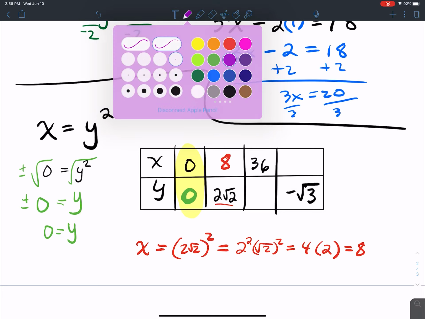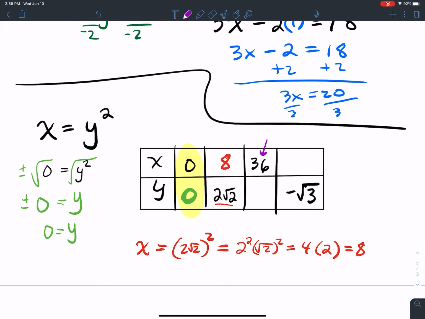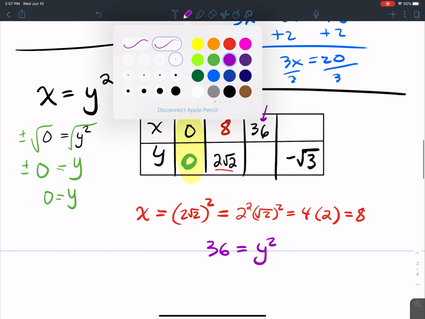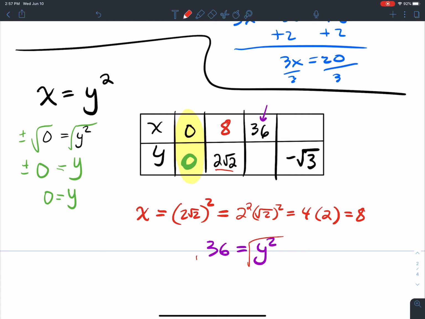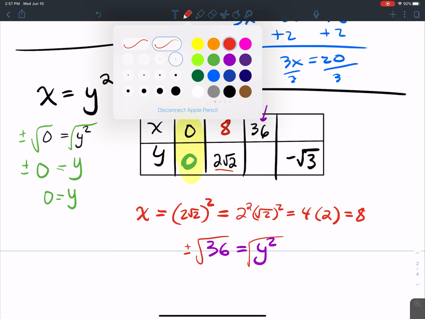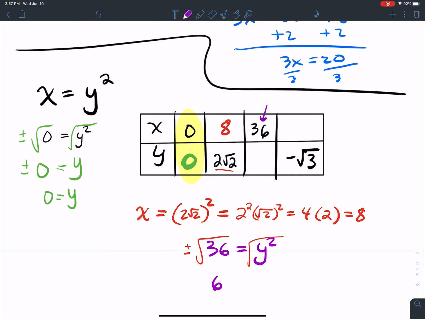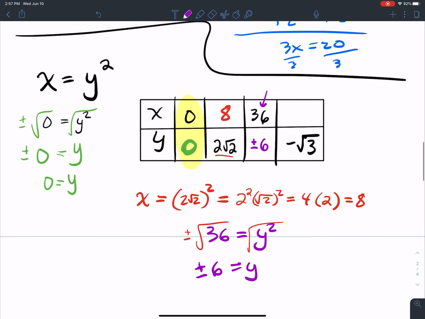Next up, we have x equal to 36. So I have 36 equals y squared. When I do this, I need to take the square root. If I take the square root, I have a plus and a minus. The square root of 36 is 6, so y is equal to plus or minus 6. So there are 2 answers for that.